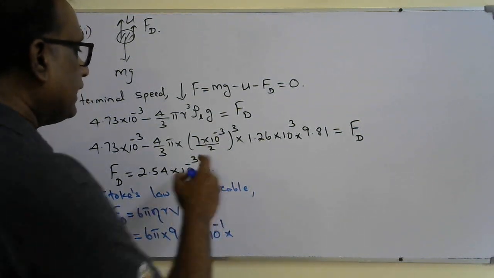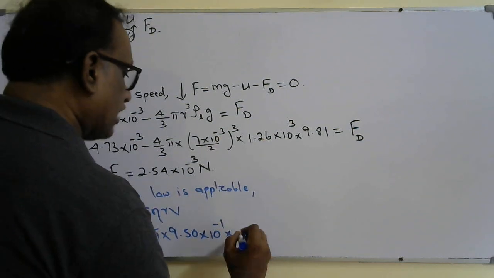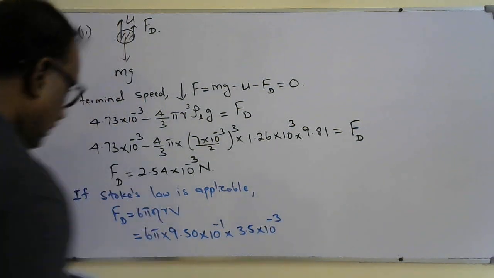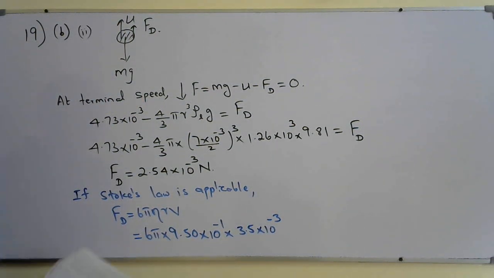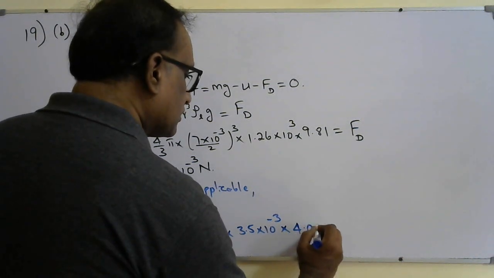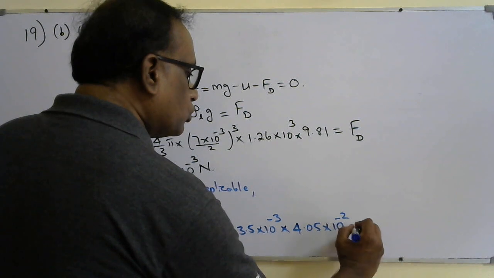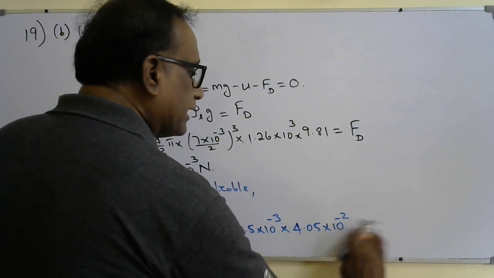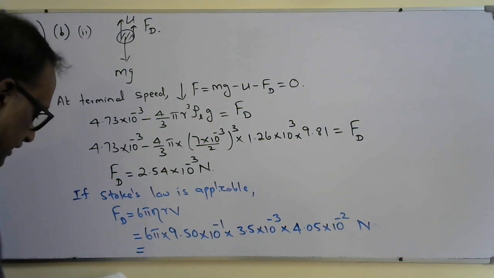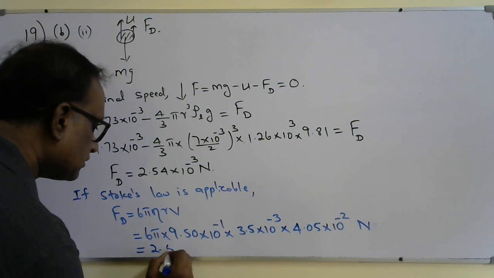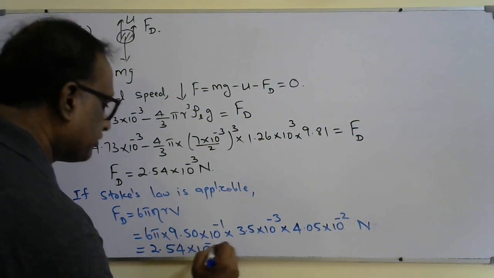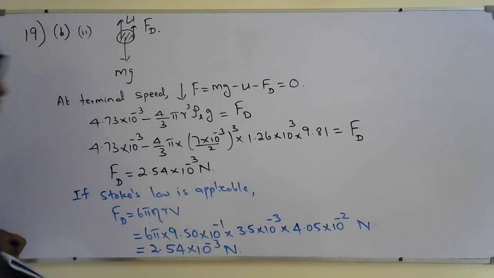The radius will be 7 × 10^-3, half of it, so 3.5 × 10^-3, that's the radius, times the terminal speed, 4.05 × 10^-2 meter per second. Solve it. You will get exactly the same answer, 2.54 × 10^-3 Newton.